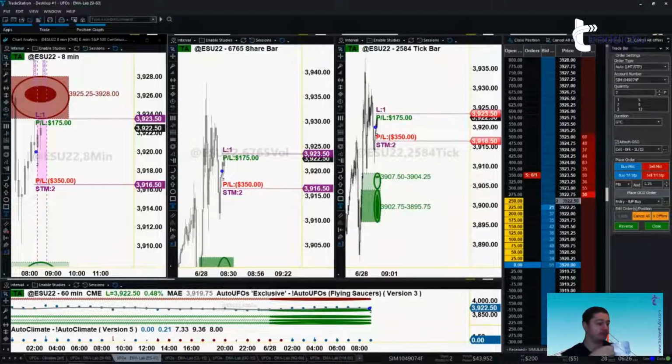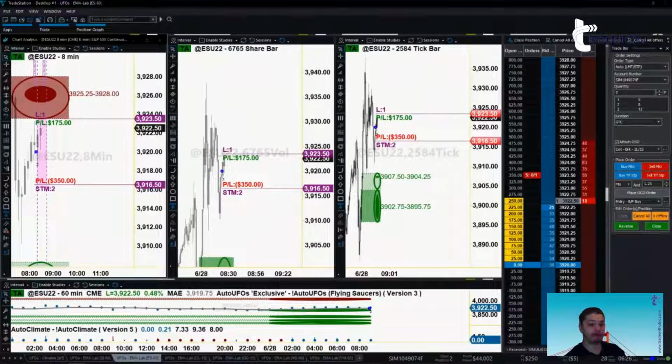Let's just see. Come on, yes. Two ticks away again. Come on. 3.5 minutes to go to the open.